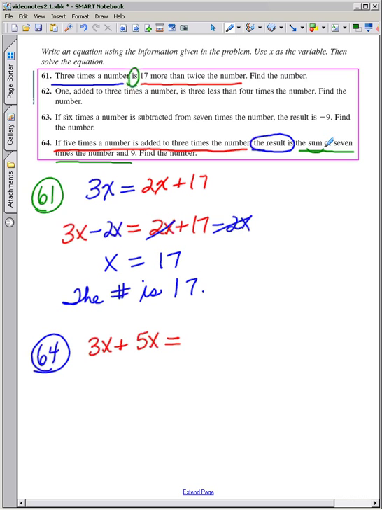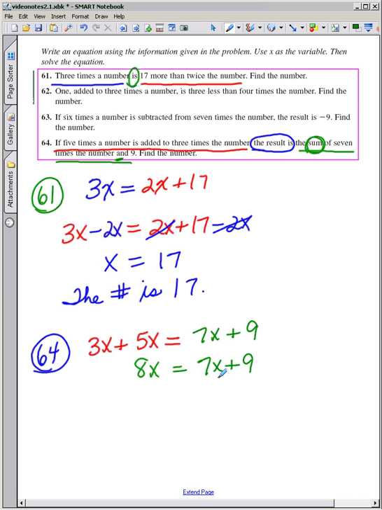Notice here, the word "and" separates what two things we're adding. So we're adding 7 times the number, which is 7x, and 9 together. Okay. So we would simplify 3x plus 5x is 8x is equal to 7x plus 9.